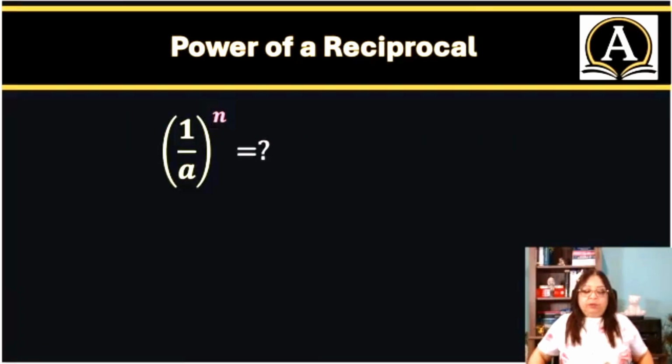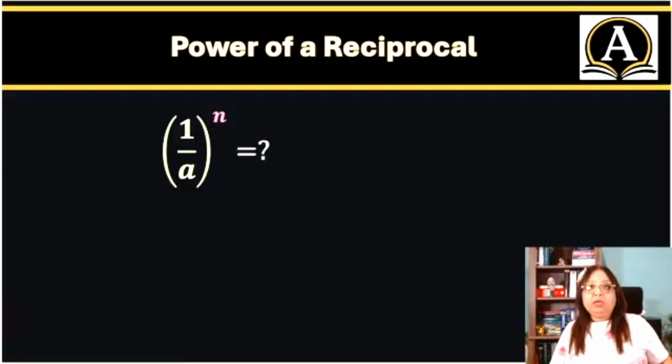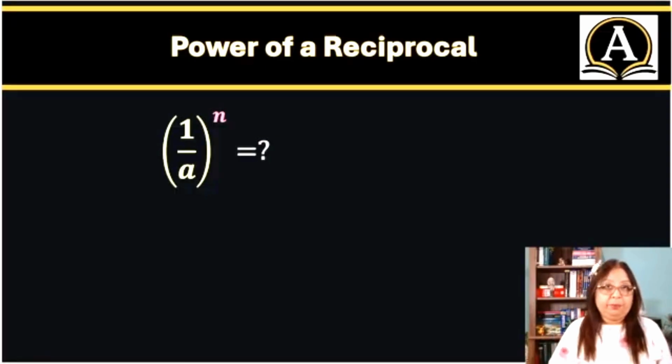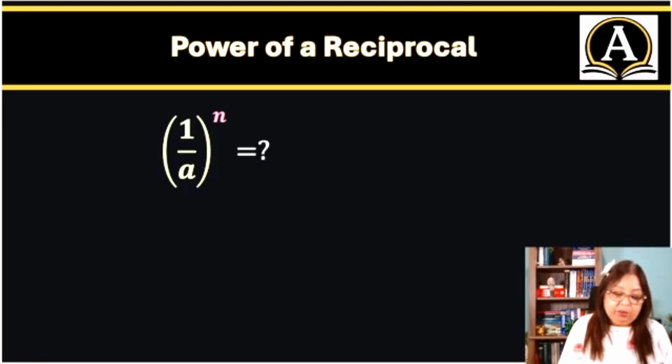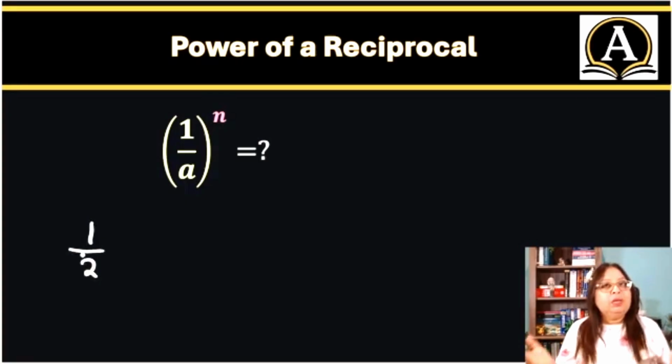Aha! Power of a reciprocal. Now here we have 1 over a, and we are raising it to power n. What happens? Let's look at an example. We have 1 divided by 2. Why 2? Let's stick with small numbers. They're easy to work with. But don't underestimate the power of these small numbers.